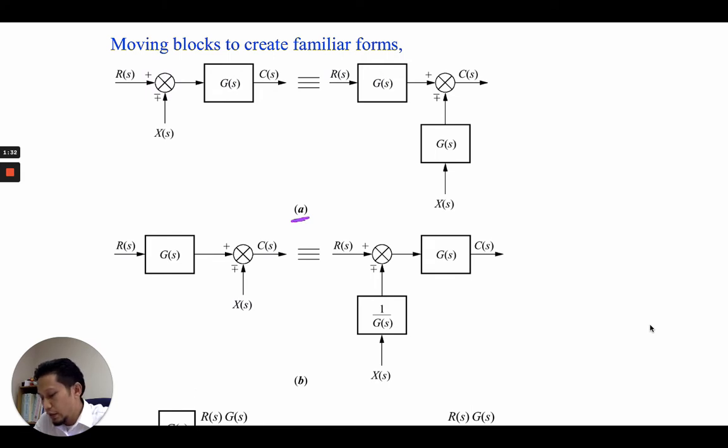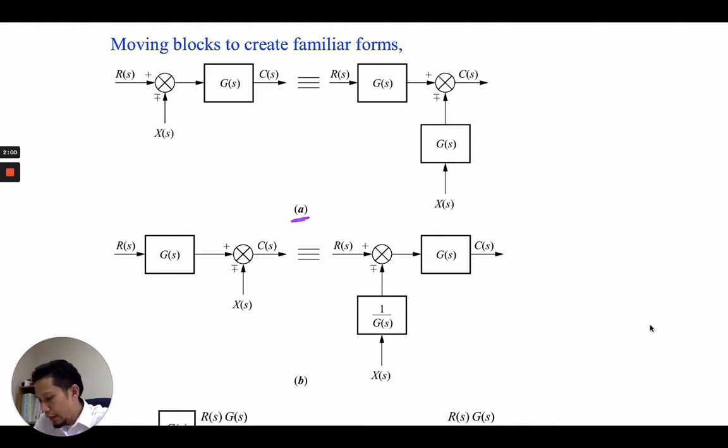Past the summing junction we have a subsystem of G(s), and then we have the output C(s) over here. So we can move the summing junction in front of the subsystem, or in other words, we can move the subsystem behind the summing junction.